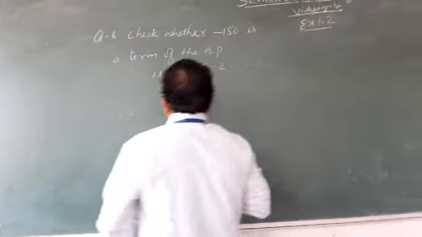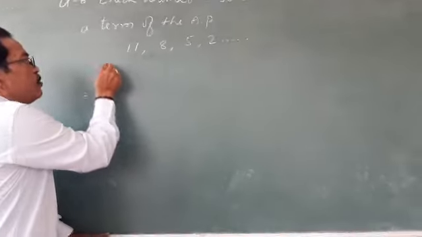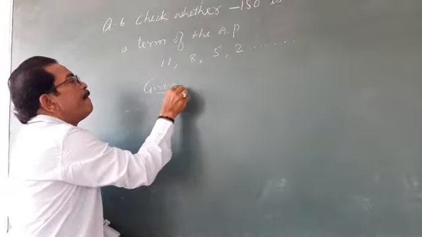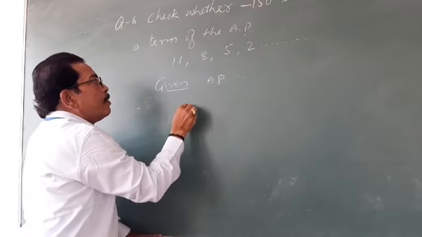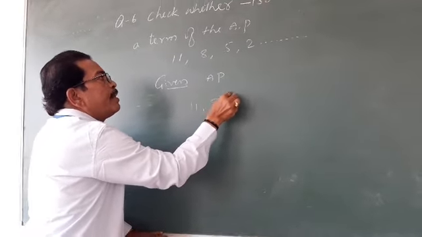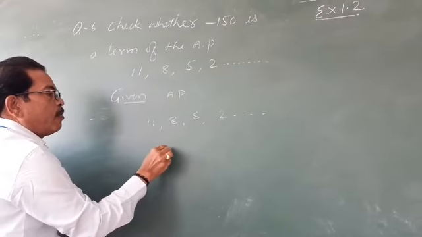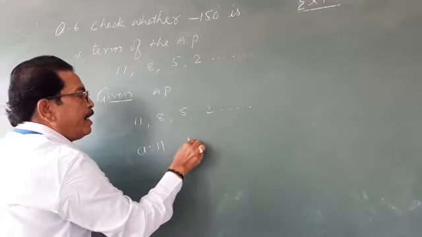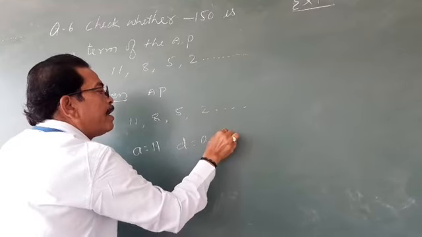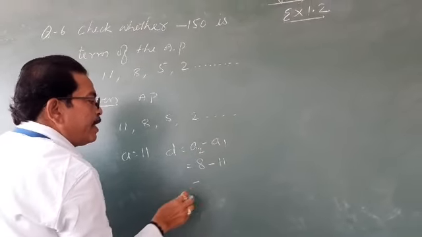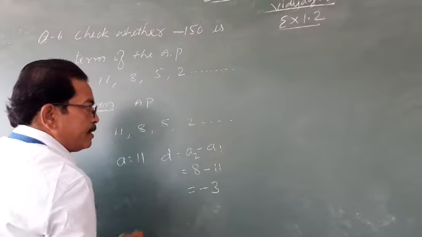Okay, let us check. a equals 11, 8, 5, 2, continuation. a equals 11. d equals a2 minus a1, that is 8 minus 11, that is minus 3.